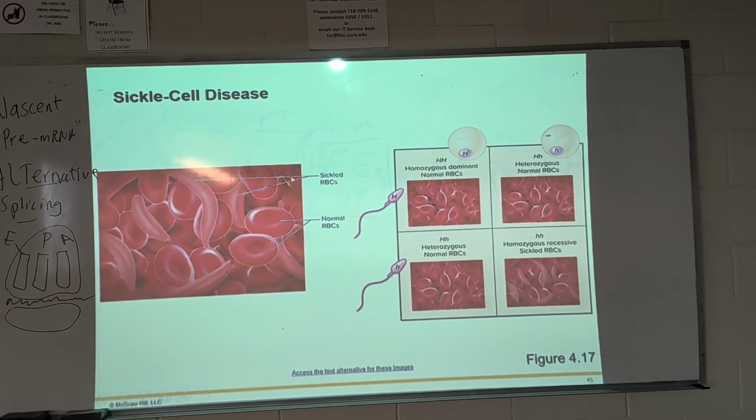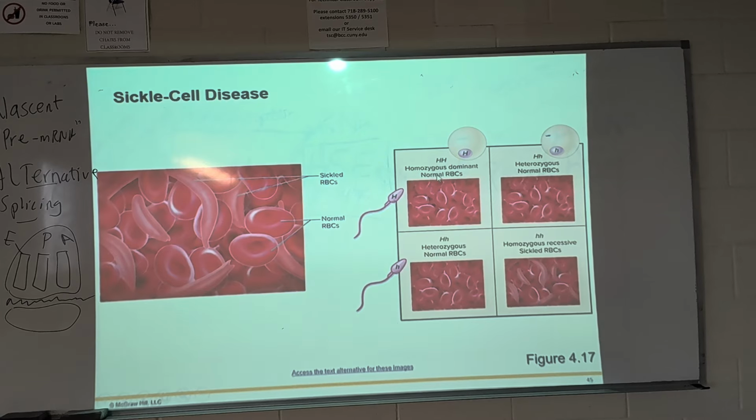If you look at sickle cell disease, the problem is you have homozygous recessive sickle cells because there's a genetic mutation. We're unable to make the proteins that help ensure that the red blood cell is biconcave and discoid.